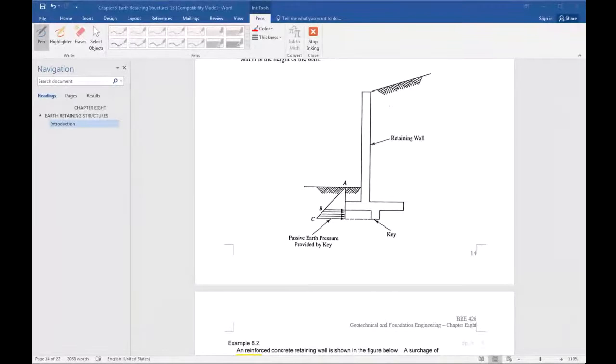But by doing more practice, it's not that difficult. Because you have to be careful about the lever arm calculation, right? The centroid of the individual components, and the distance between that point to the center line of the base.